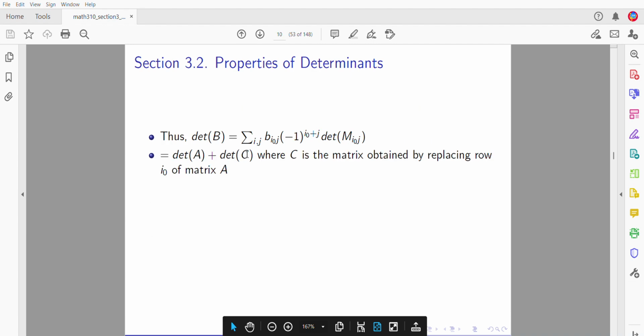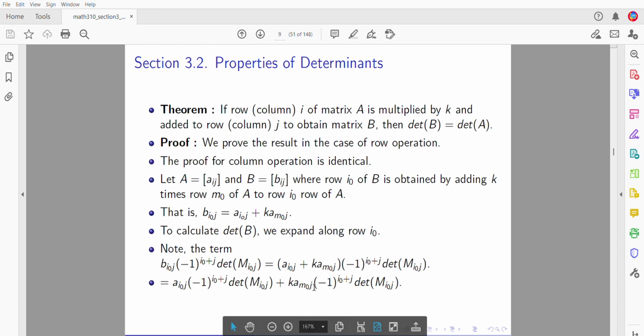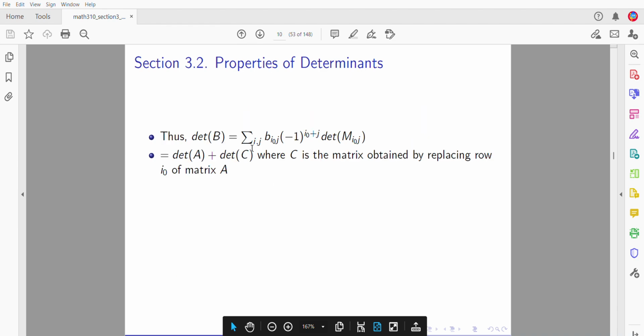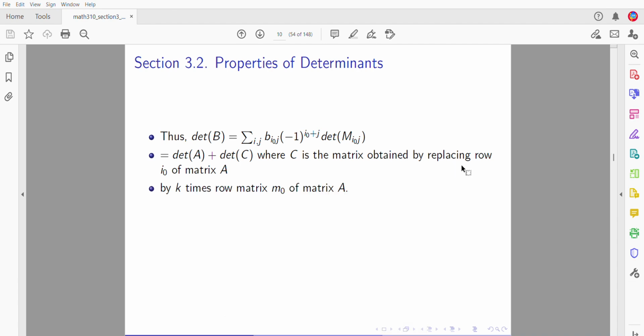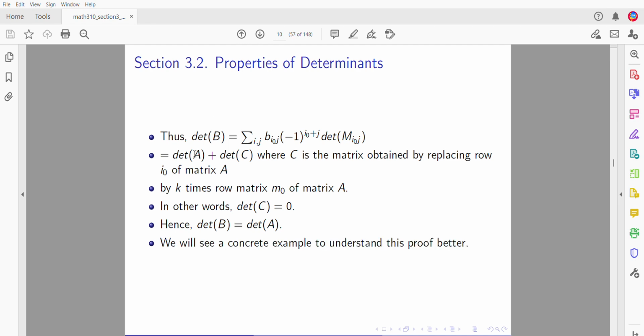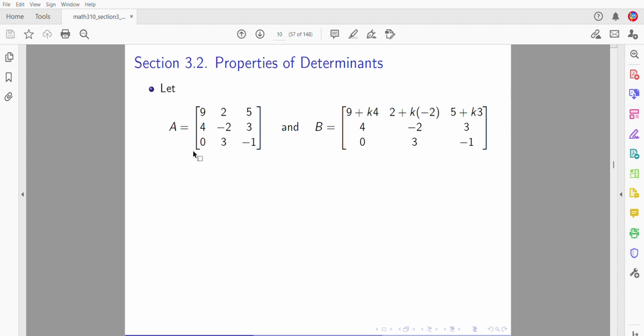Whereas the second piece, here the indices are not in sync. So it's some other matrix, C, which is obtained by replacing row I naught of matrix A by K times row M naught of matrix A. They are not in sync, so you have determinant 0. In other words, determinant B is determinant A. We'll see a concrete example to understand this better.